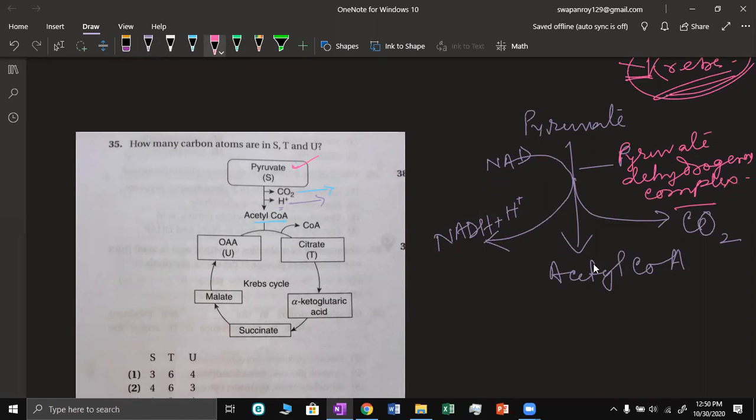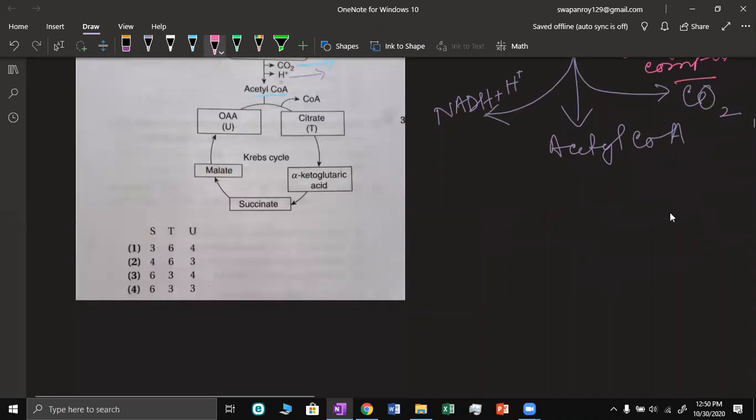So in this reaction carbon dioxide is released, which is known as decarboxylation.